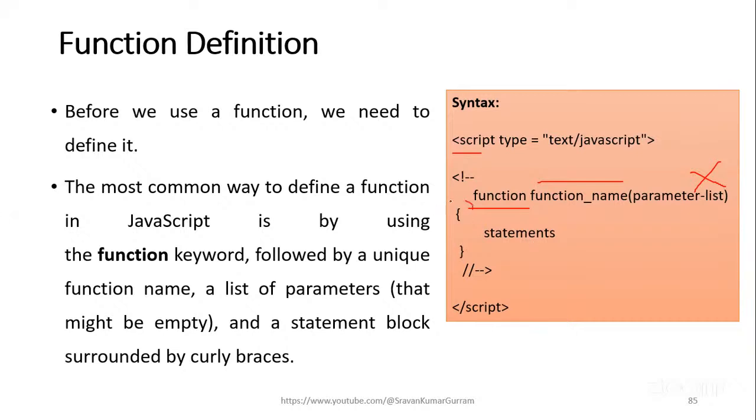And create the block using the curly braces, and write the statement or statements, whatever you want to implement as part of the function. Suppose it is a withdrawal function, you need to write the code related to withdraw. If it is a deposit function, you need to write the code related to deposit and so on.